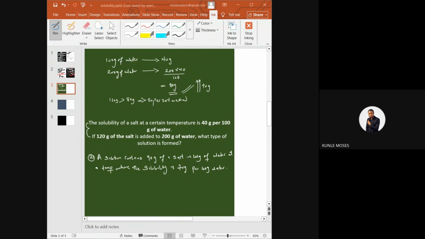Now look, the present is 90 grams. The solubility ought to be 70 grams. Normally, the solubility should not take more than 70 grams in 100 grams of water. So it simply means the solubility is lesser than the mass of the salt at present. Are we together? The present mass of the salt is 90 grams, isn't it?